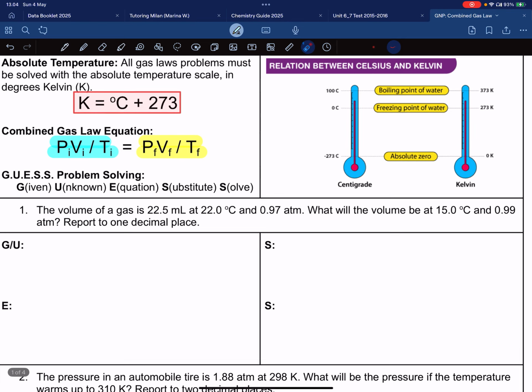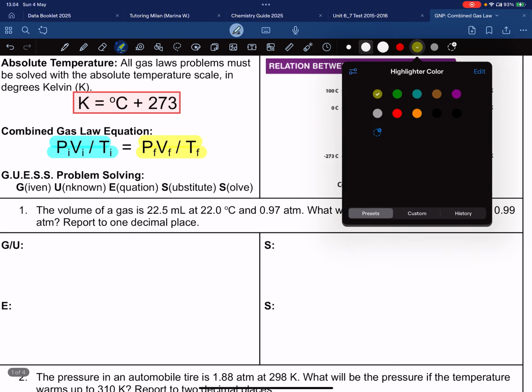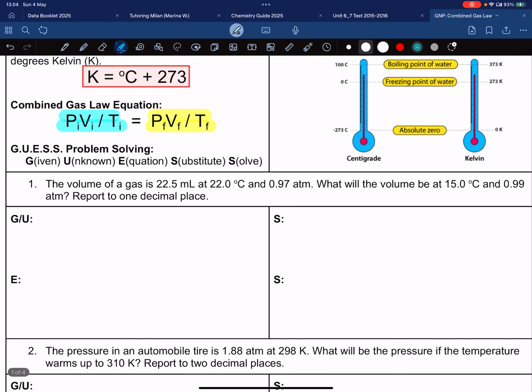Well, without further ado, let's do our two examples. The volume of a gas is 22.5 milliliters at 22 degrees Celsius and 0.97 atmospheres. So that is all of your initial stuff. In the givens and unknowns, you need to keep track of the initial pressure, the initial volume, and the initial temperature.